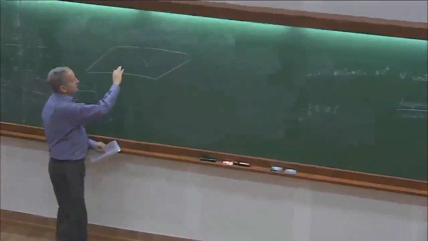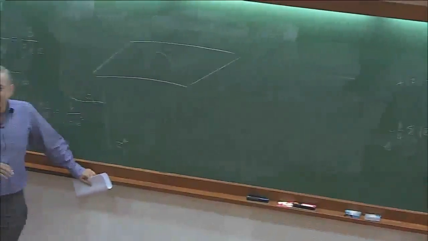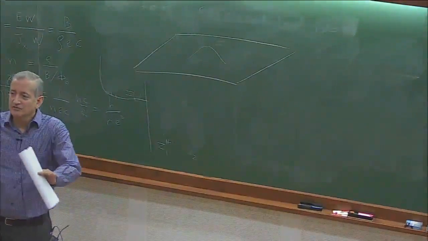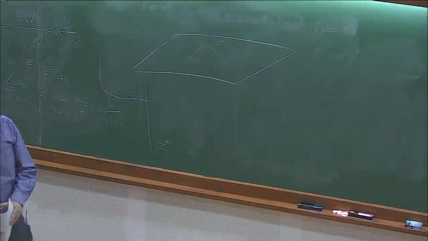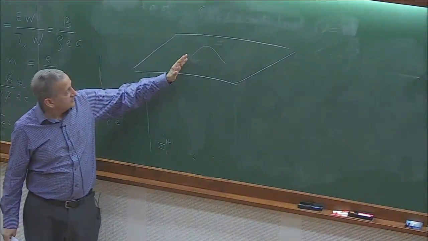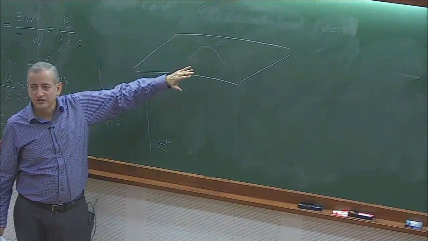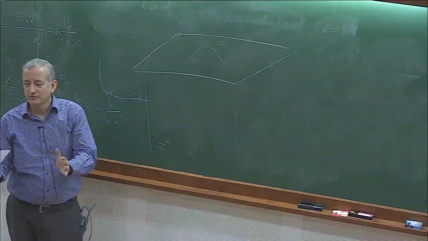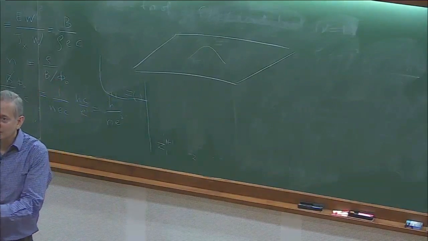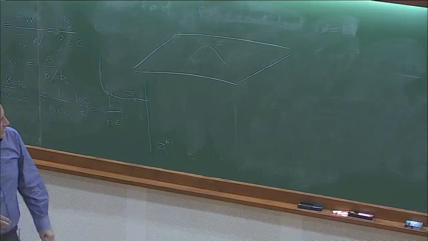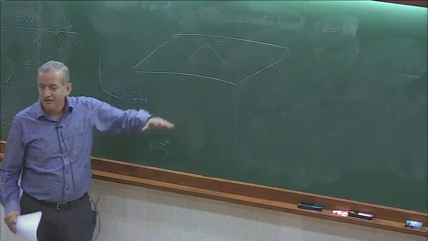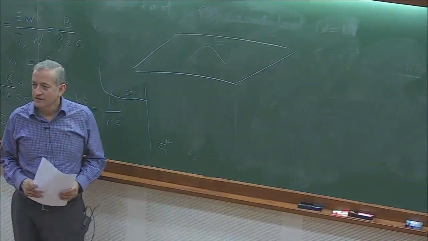So to simplify things, I will assume that this is a very smooth potential hill, which means the change in this potential is very slow, it's very small on the length scale of a magnetic length. So therefore, locally, Landau levels, etc., are well defined.